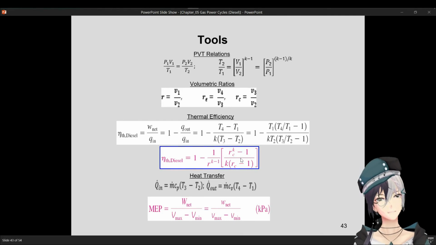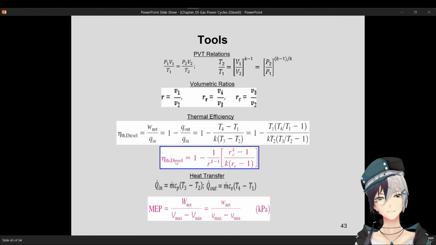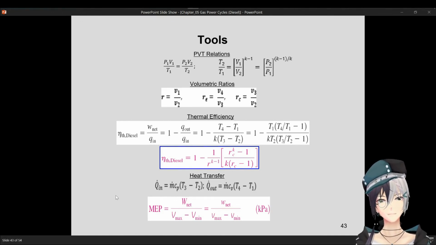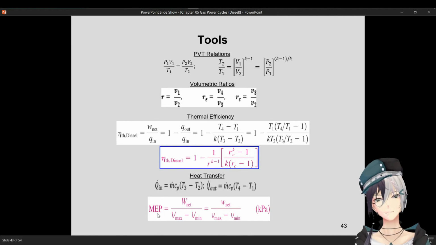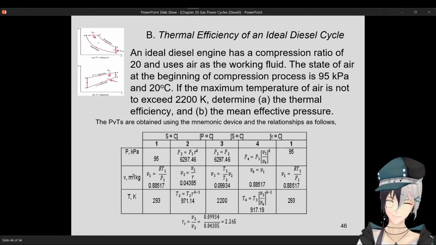So solving for R sub C, you should be able to get the thermal efficiency. And for the thermal efficiency, once it is solved, you can now solve for worknet. And solving for worknet will lead you to be able to answer the second question for the mean effective pressure.